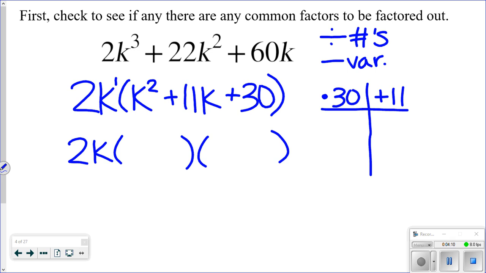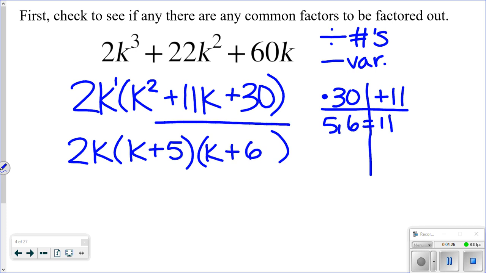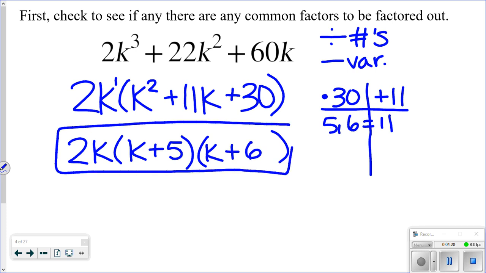It's not 1 and 30, 2 and 15, 3 and 10. It's 5 and 6. So it would be k. Order here doesn't matter. I could put k plus 5 first, or I could write k plus 6 first. But make sure that 2k, that greatest common factor that we pulled out in the beginning, is out in front.